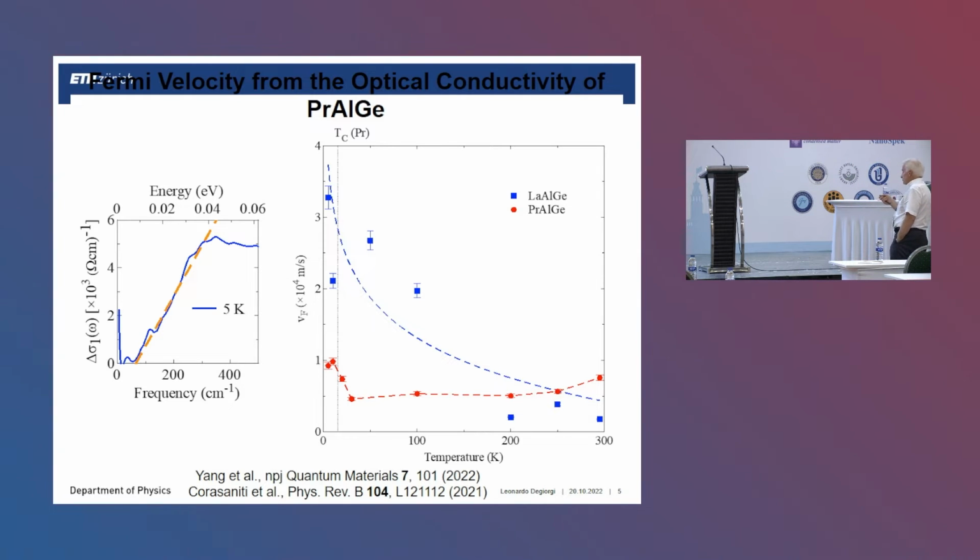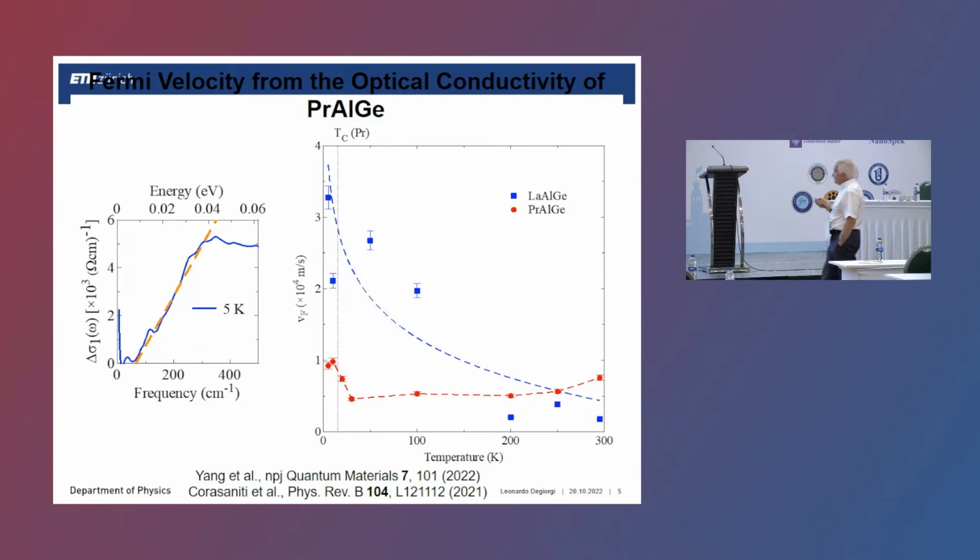And from a theoretical point of view, that logarithmic divergence is supposed to vanish as soon as correlation effects play an important role. Indeed, we believe that that strong suppression of the Fermi velocity between the lanthanum and the praseodymium compound at low temperature is an indication for the important role played by correlation effects in these materials.